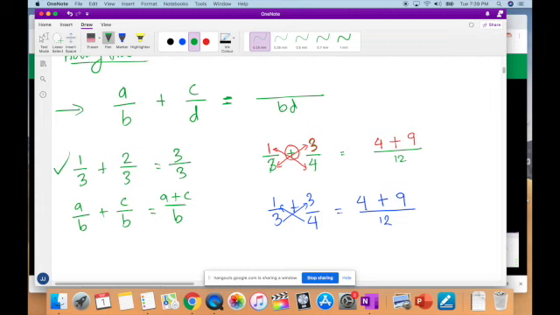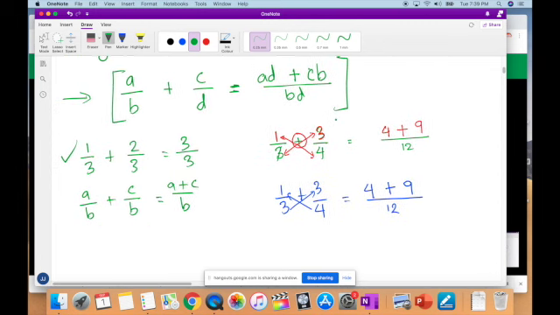So I'll start with the first numerator, a times d. And then you're going to add that to the second numerator, c times b. And this is the general form that will work for all fractions. Everybody understand?